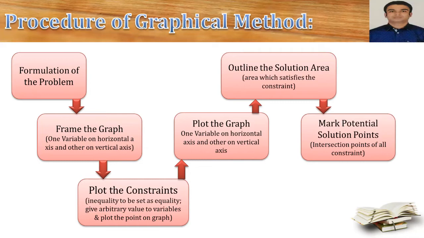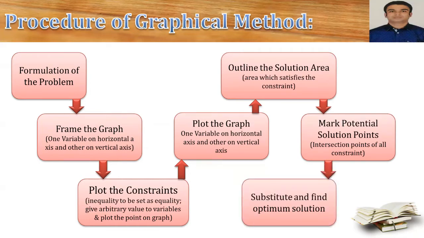Mark the corner points of all the constraints which bound our solution area. After that, substitute and find the optimum solution: put the value of every point into our objective function equation and find the required optimum solution. This is the complete procedure of the graphical method.